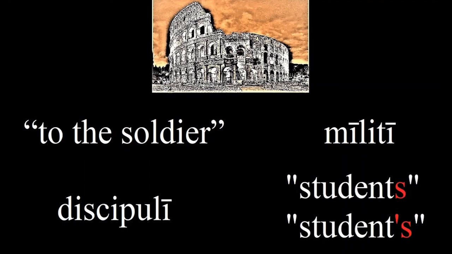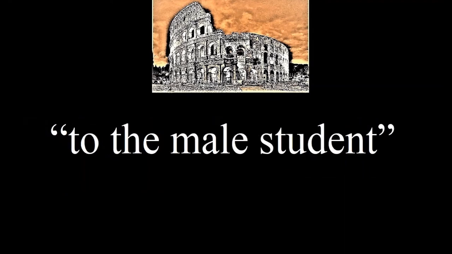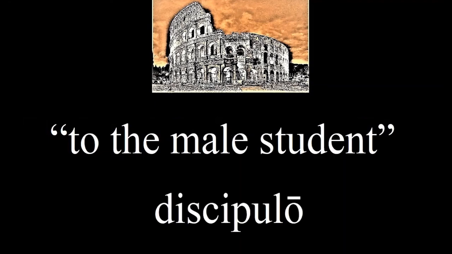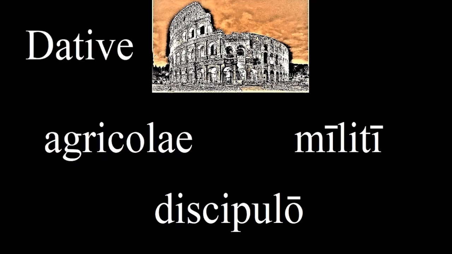So it signifies the plural or the possessive, as in students or student's. And how do we say to the male student? Discipulo. So for the dative case, we have agricolae, discipulo, militi.